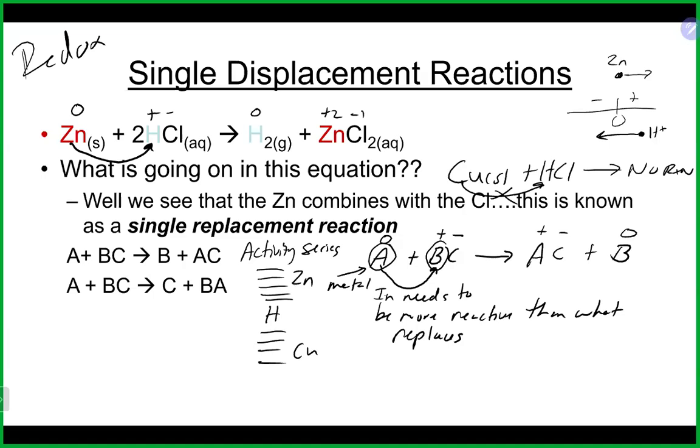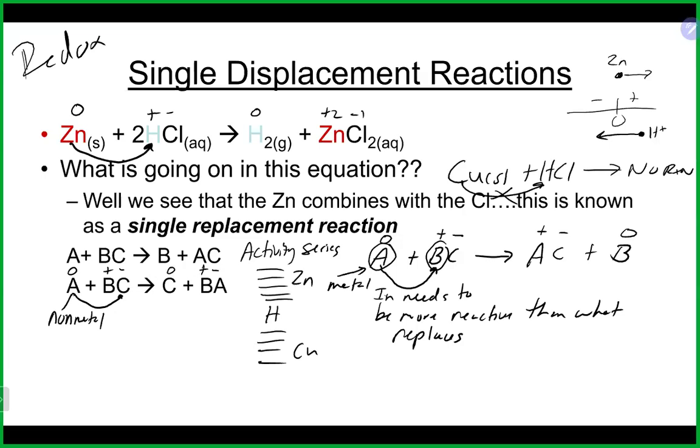This exact same thing can actually happen with a nonmetal. So if you started with a nonmetal, the only difference is nonmetals will normally make a negative charge. So it will actually come in and kick out the negative guy rather than the positive guy. So it works the same way, except that it started with a nonmetal. It will come in and actually kick out the nonmetal on the other guy. And it will make a new ionic compound here.